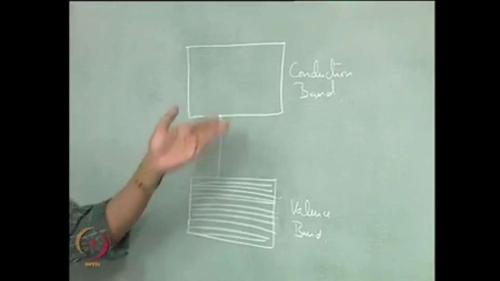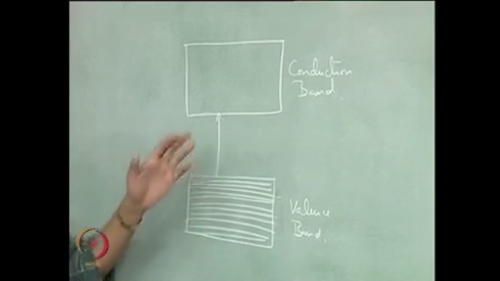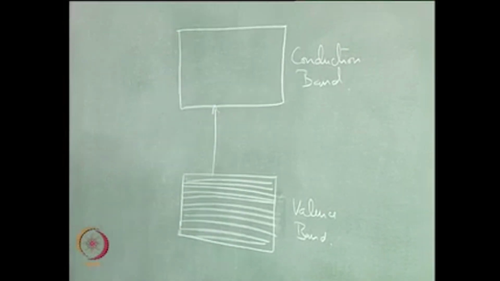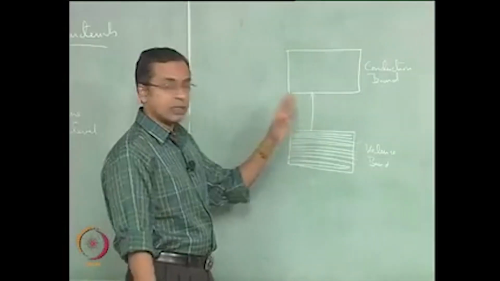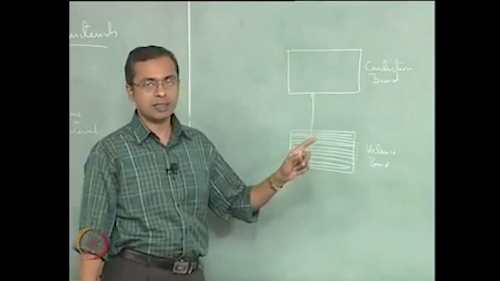So, we will assume it is a semiconducting material. Okay. So, this band gap is less than 2 electron volts, we will say, and it is a semiconducting material, which means this valence band is full, the conduction band is empty. So, we have looked at direct band gap semiconductors, indirect band gap semiconductors. So, that talks about this process of the electron transfer from the valence band to the conduction band.